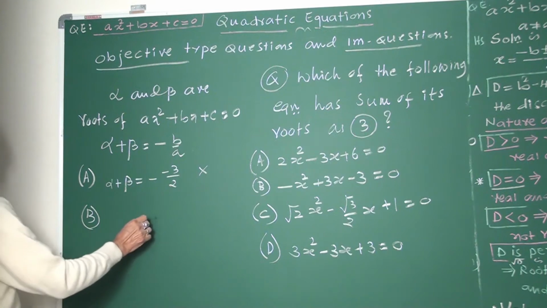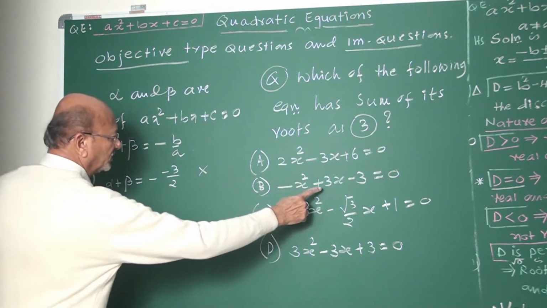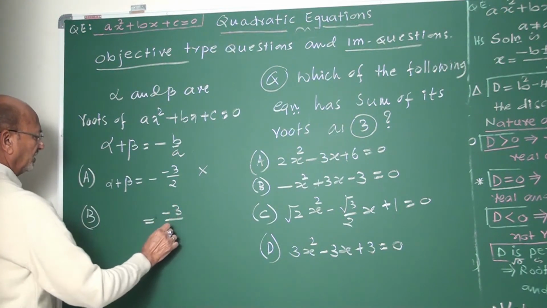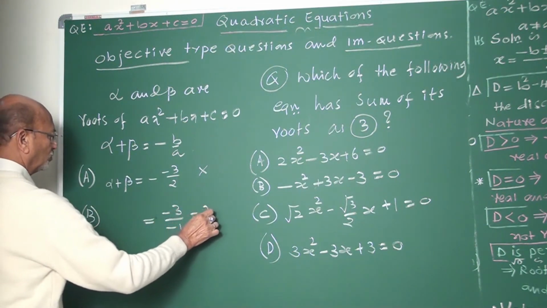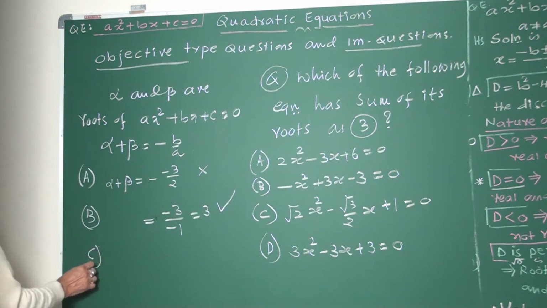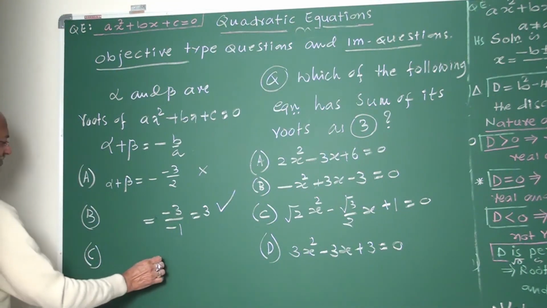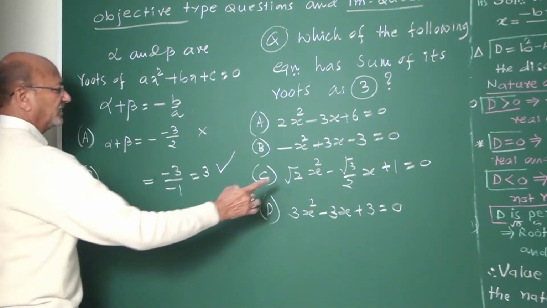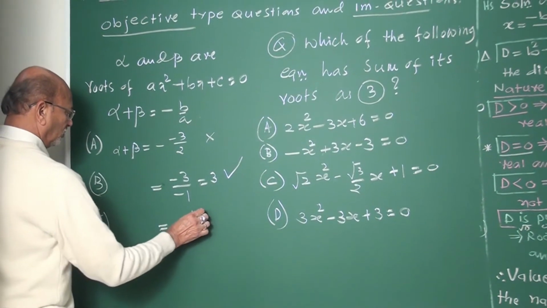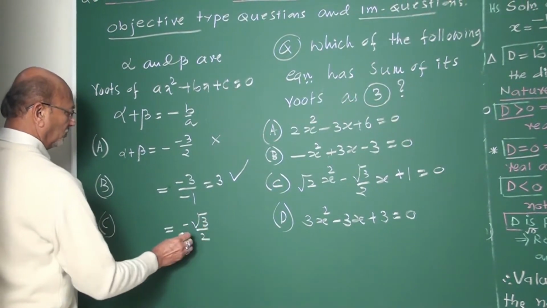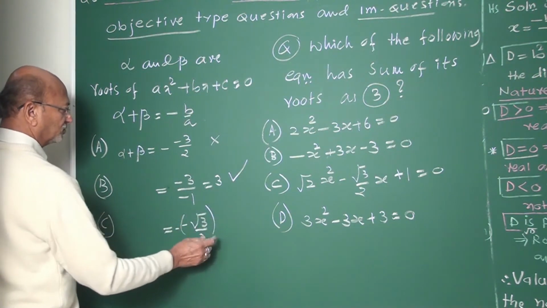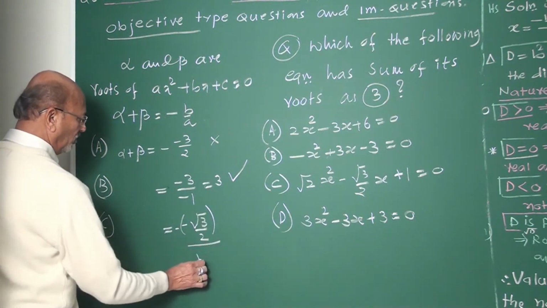Then B, my friend. What is the sum of the roots? It is minus b by a, minus 3 by minus 1, equal to 3. This is the answer. What about C, my friend? The sum is minus b by a, minus of minus root 3 by 2 upon a.